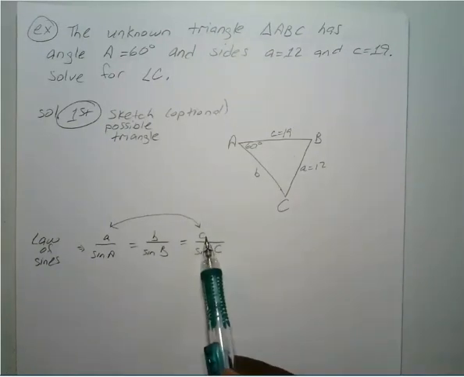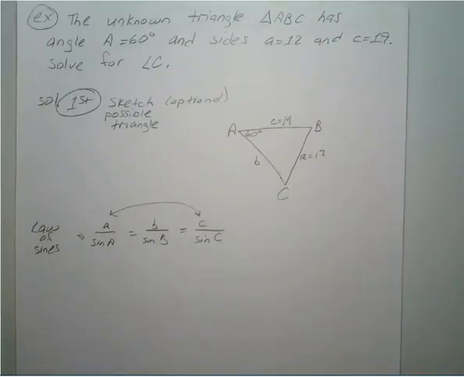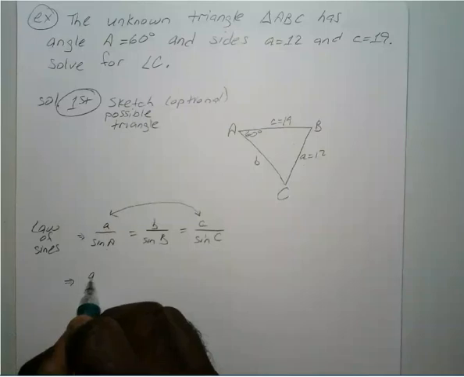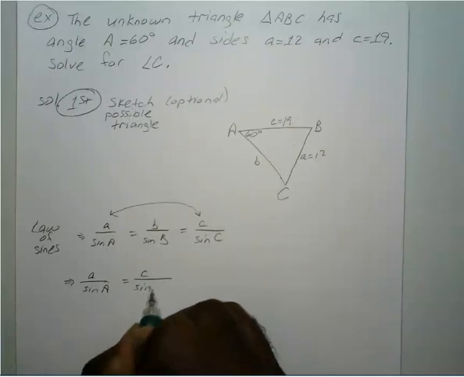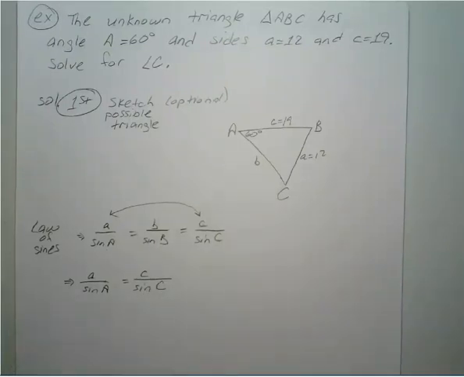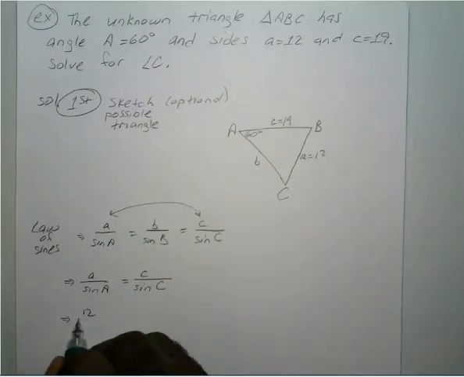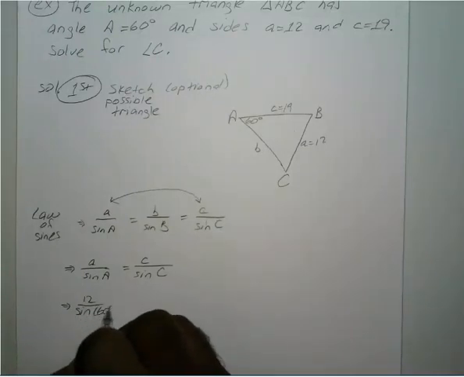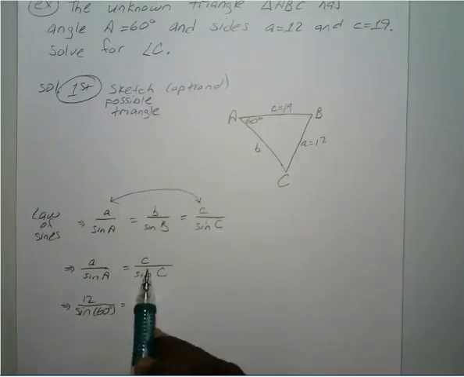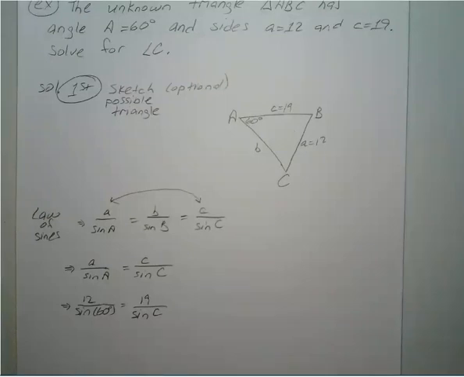So we have side C, side A, and angle A. We can solve for angle C. So you have A over sine of angle A equals C over sine of angle C. If we plug all these in, we have side A, which is 12, over sine of 60, equals side C, which is 19, over sine of C, where our angle C is unknown.